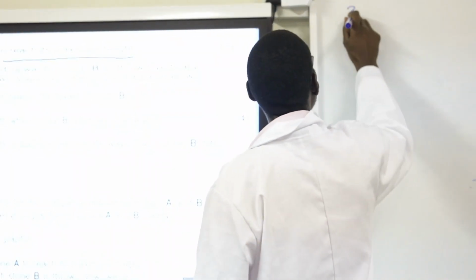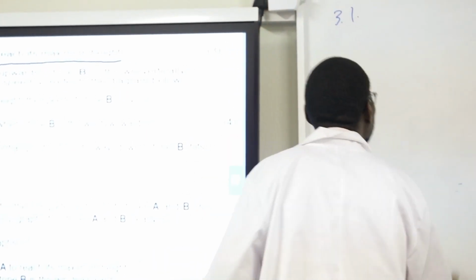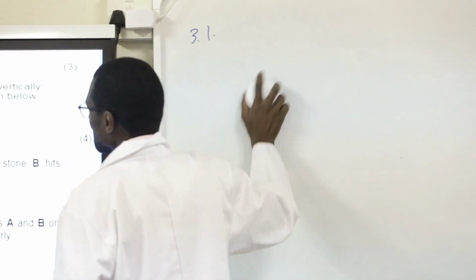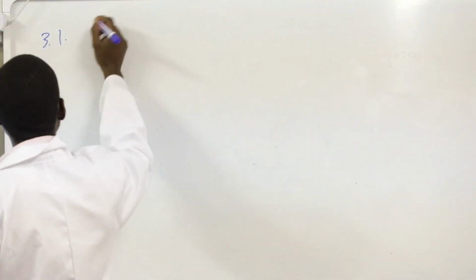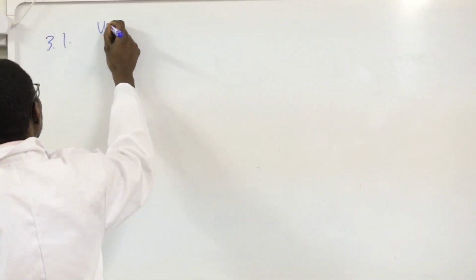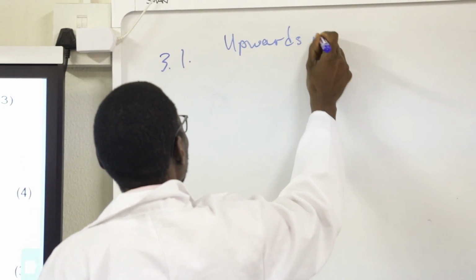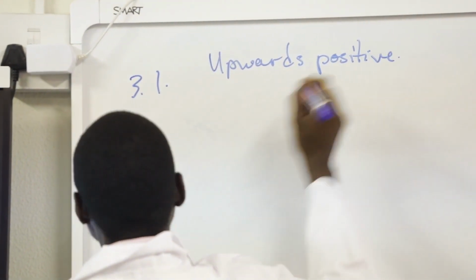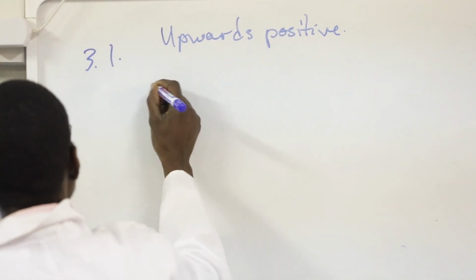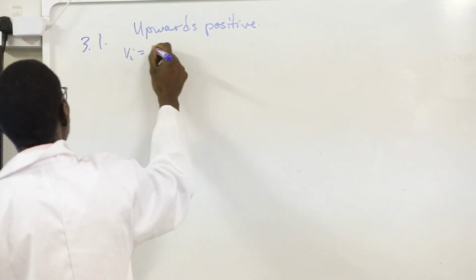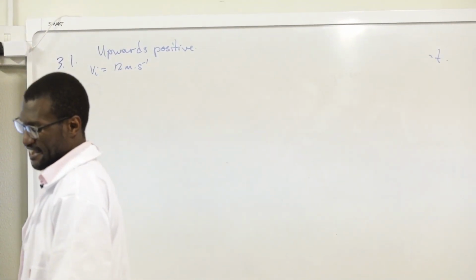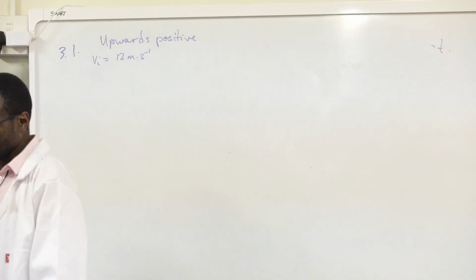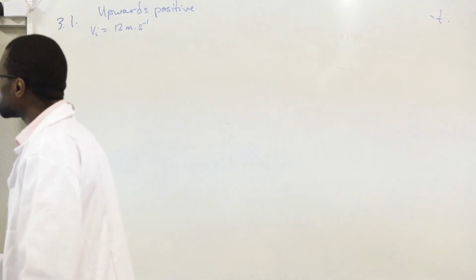So let's look at 3.1 together quickly. Calculation of the time that it takes to reach the maximum height. What do we know in this question? One thing that we have to do is to choose direction. If I choose upwards to be positive, which means that my initial velocity is going to be positive 12 meters per second.